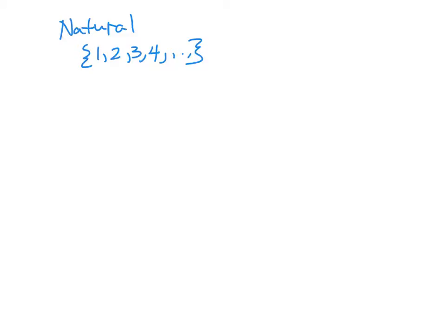Now, does anyone in the class remember the difference between a natural number and a whole number? Whole numbers have 0, so the whole numbers have 0, 1, 2, 3, 4, no fractions, no decimals. Notice that all the natural numbers are also whole numbers.